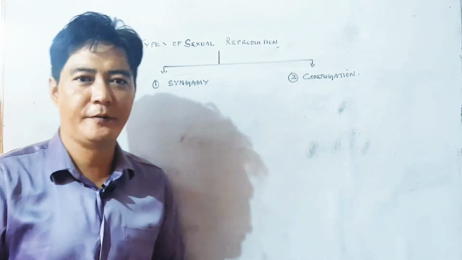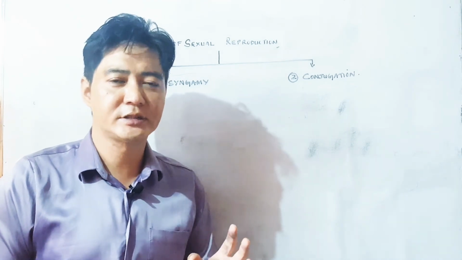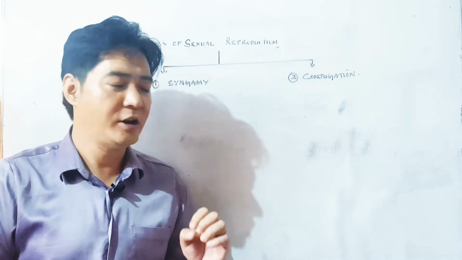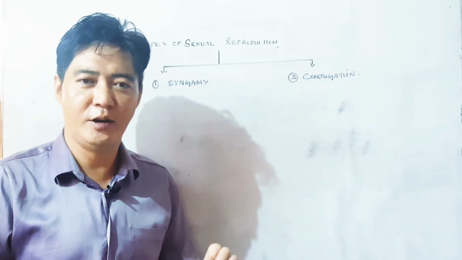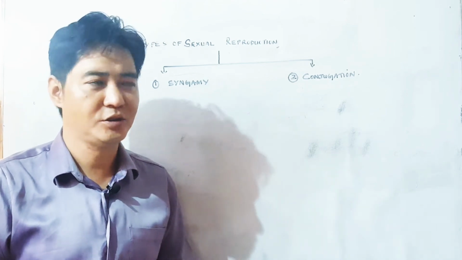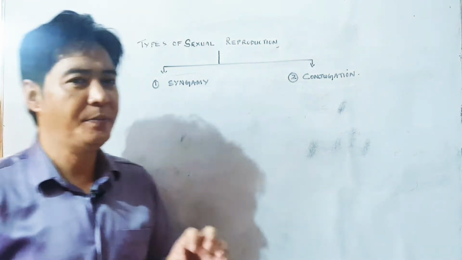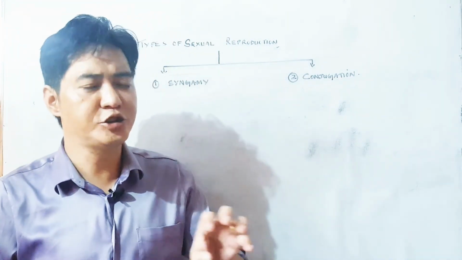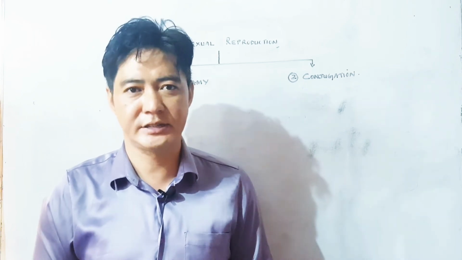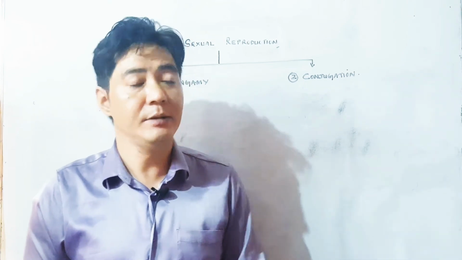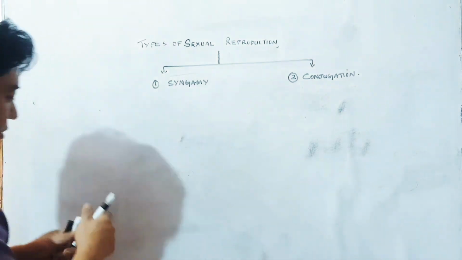On the basis of number of parents involved, you have learned that syngamy is of two types. Number one, endo, and number two is exo. So next, on the basis of maturity of the cell, you can say how matured it is, syngamy is of two types again.